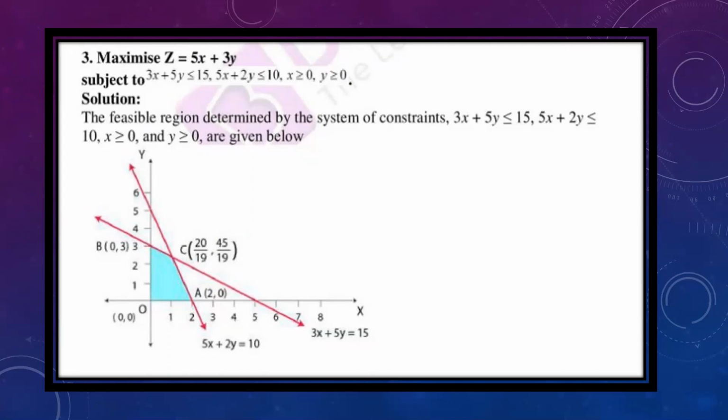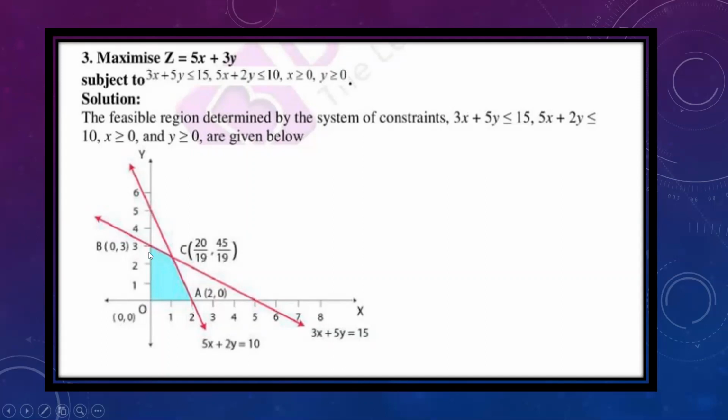Steps for the graphical method are, whatever the given constraints, first plot them, find out the line, and draw the line on the graph. So here these two lines are plotted: 3x plus 5y is equal to 15 and 5x plus 2y is equal to 10. Make the inequalities into equalities. So we have less than; when there is a less than sign, we have to take the region below the line.